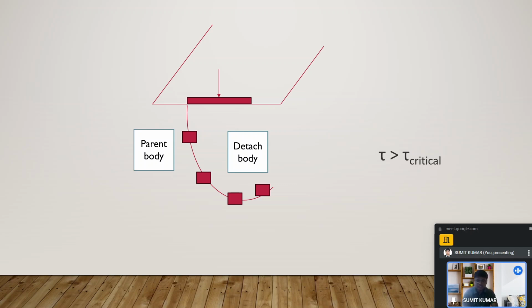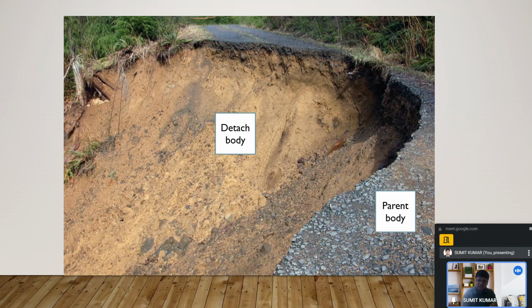This is the most important concept, which I took some time to describe in the last three classes as well. Today I will also explain that this is the parent body and this is the detached body. When the body gets detached from the parent body, it follows some path, and this is the critical path where the stress is just above the critical stress. That's why the failure takes place from this point.